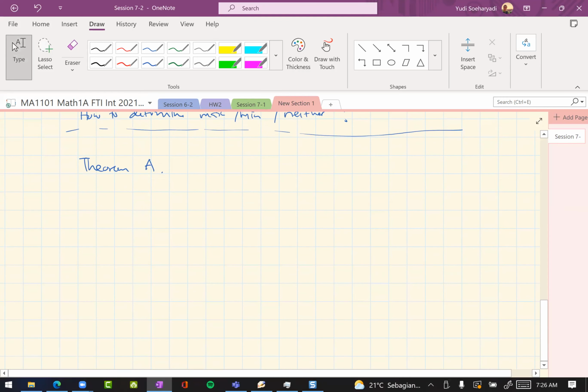If the derivative is positive, f is increasing. On the other hand, if it's negative, it's decreasing.